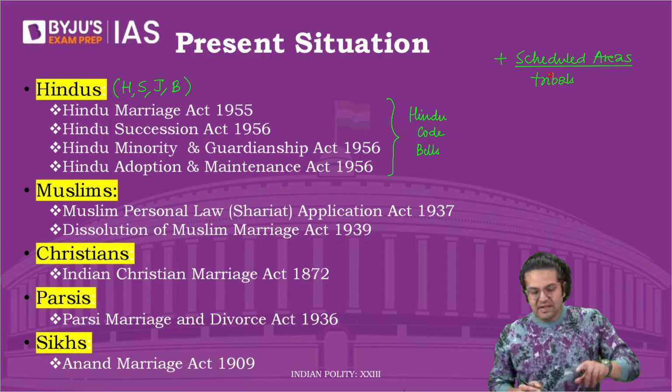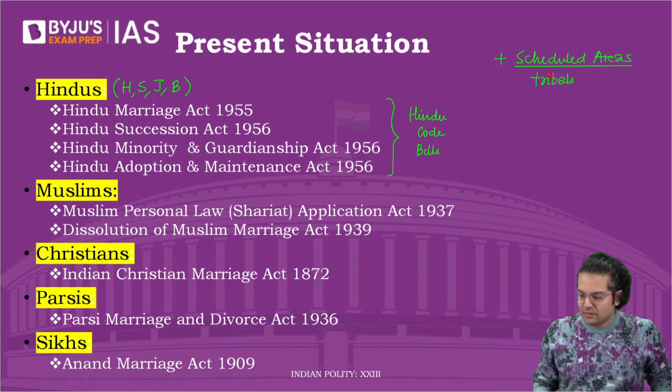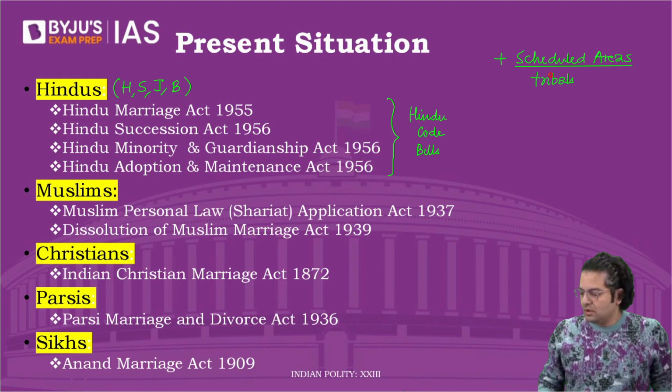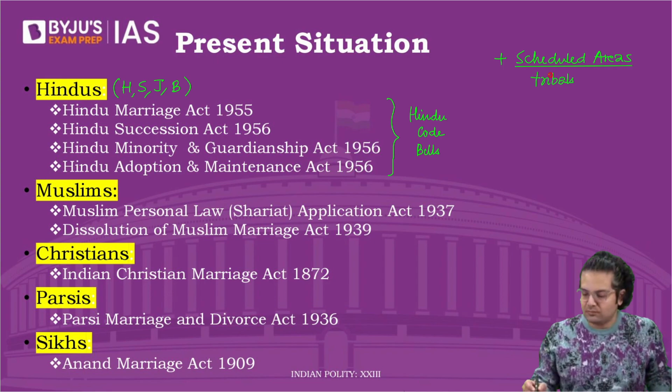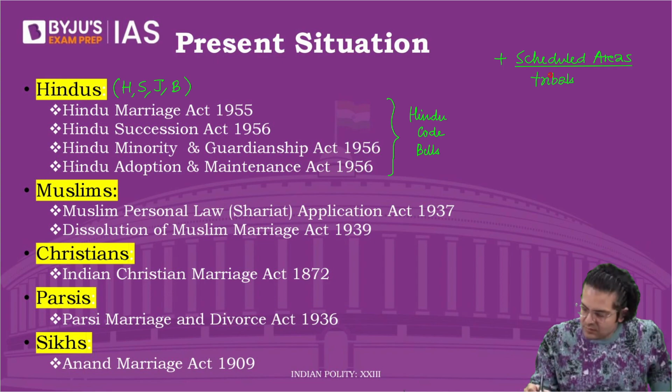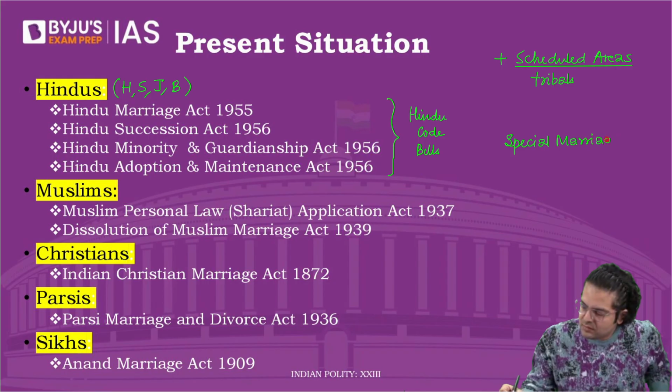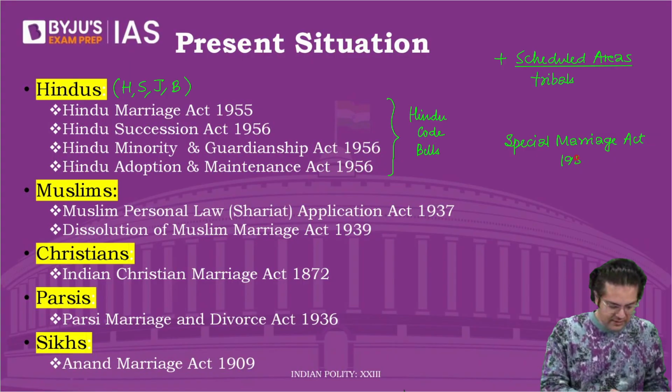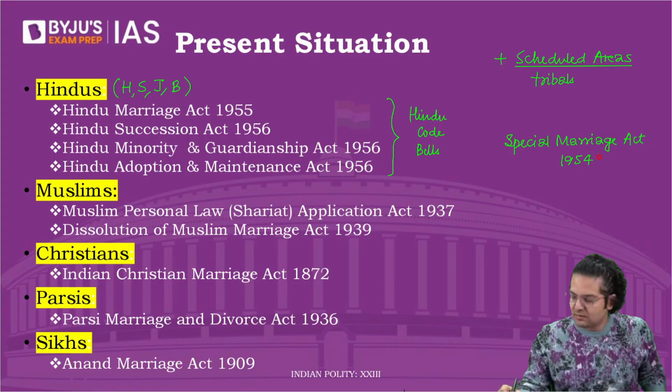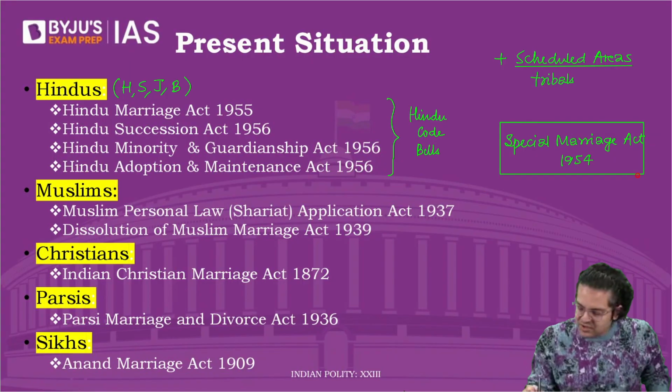Now, these are all religious laws. What about a religion neutral law? So, we do have an option called Special Marriage Act. This law is of 1954, and the Special Marriage Act is a religion neutral law.